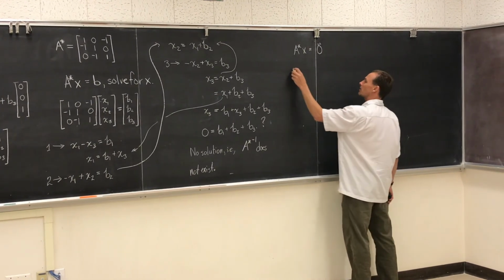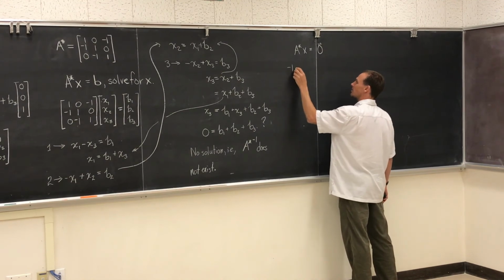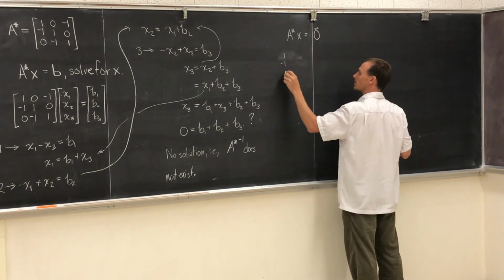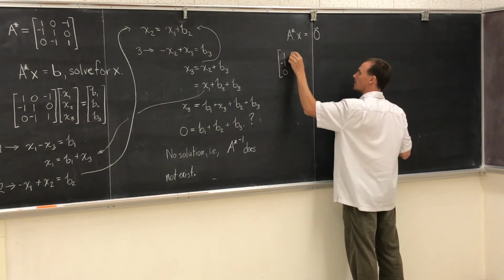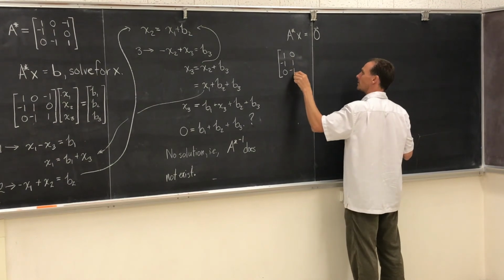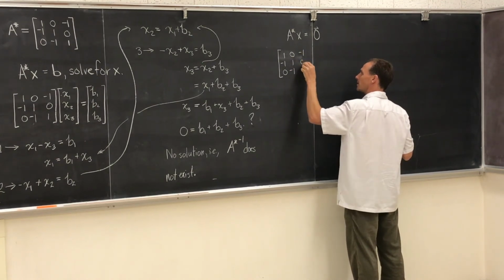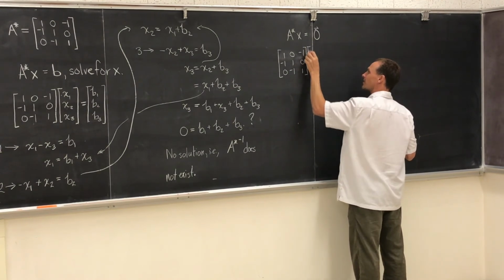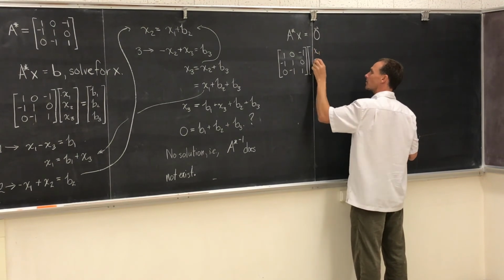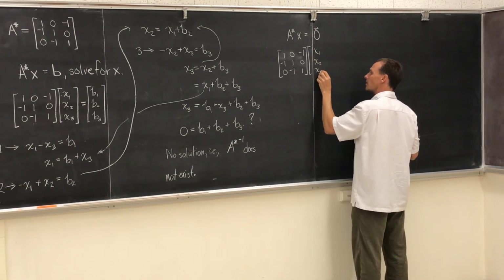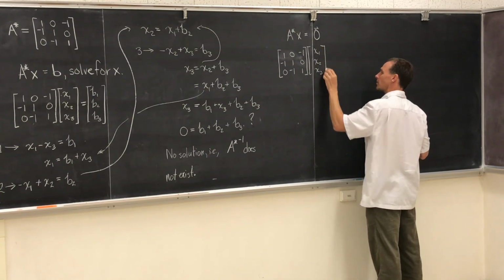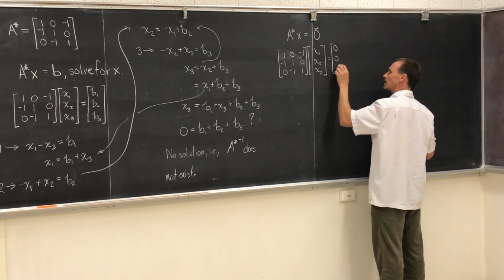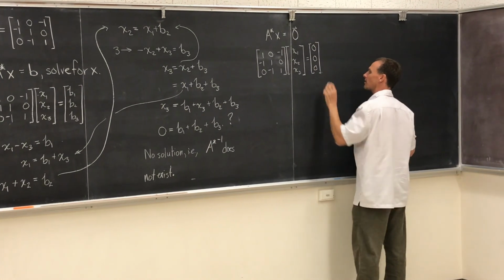Just writing down A star: it's 1, minus 1, 0; it's 0, 1, minus 1; it's minus 1, 0, 1, times the vector of x, x1, x2, and x3. And this has to equal the 0 vector, which is the vector of which each element is 0.